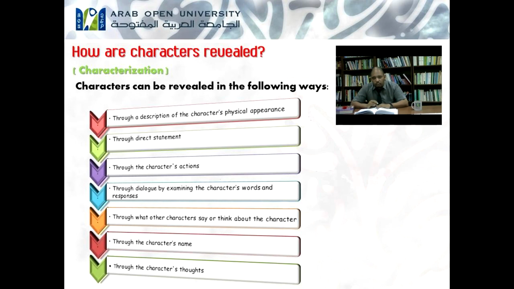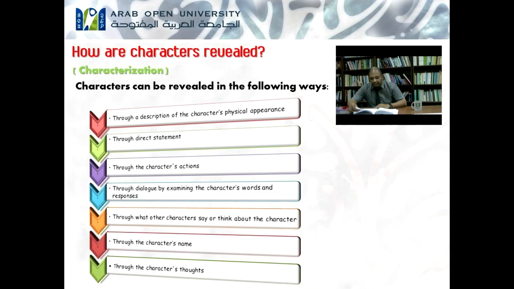So all in all, characters are presented in the following ways. Characters, of course, whether they are dynamic or static, whether they are flat or round, whether they are main or minor, can be revealed in the following ways.